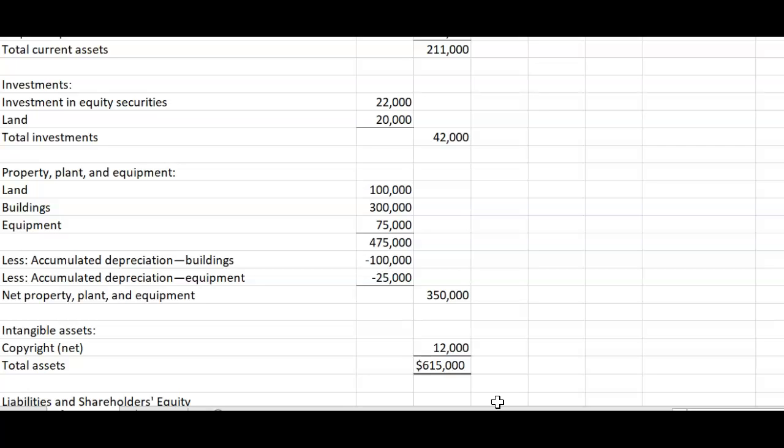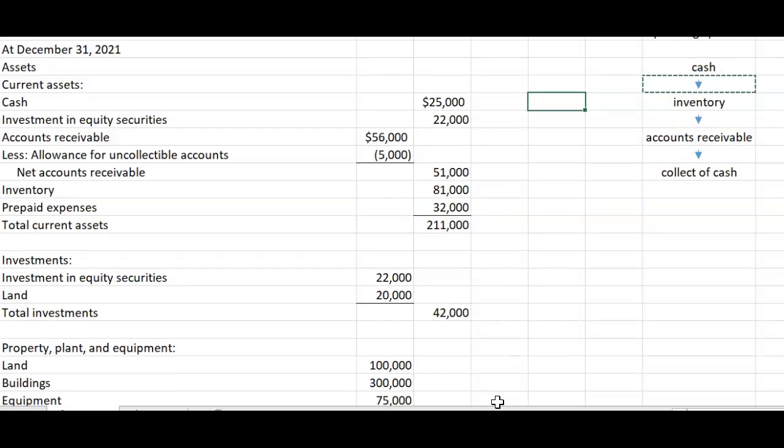$615,000. Now, I didn't go over as part of the detail, but inventory remains at $81,000 as presented in the information, and the net accounts receivable is $56,000 less the allowance for doubtful accounts of $5,000.